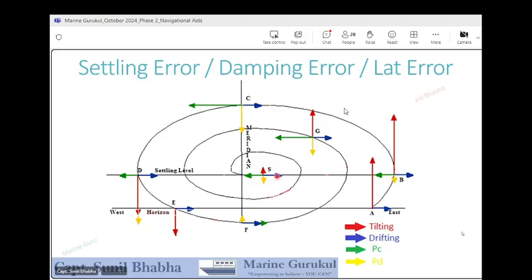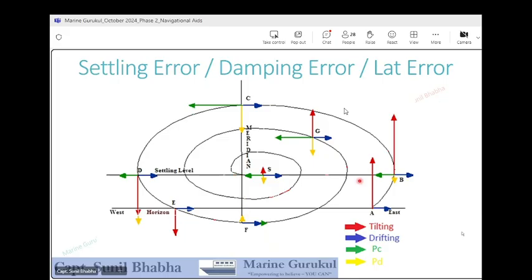Now to cancel out easterly drifting, we have to generate a westerly control precession. And from the control precession formula, we are aware that a westerly control precession is generated when the tilt is up. Whenever the tilt is up, a westerly control precession is generated.